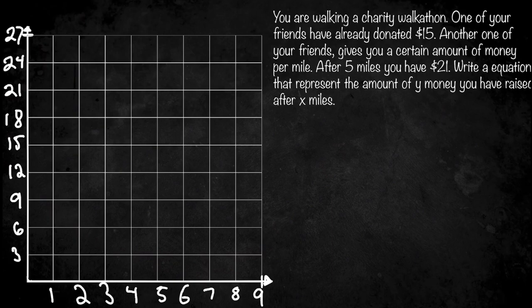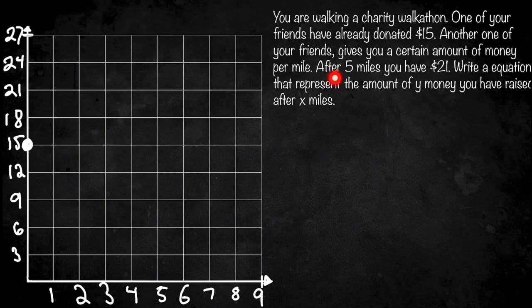So, first, let's graph (0, 15). We would graph (0, 15) because your friend already donated $15 before you even started walking. So before you even started walking, you already have $15. That means walking 0 miles, you already have $15.